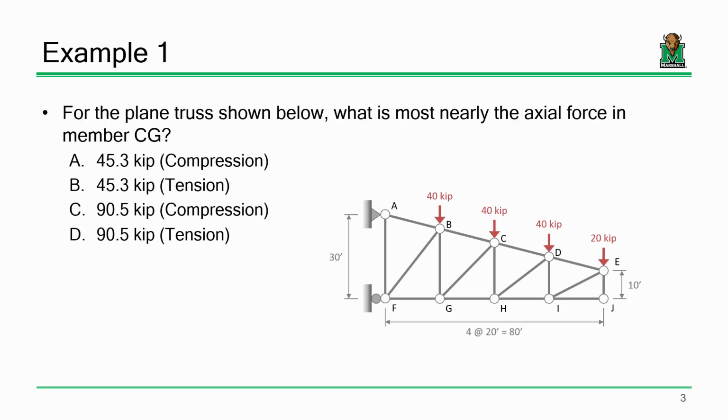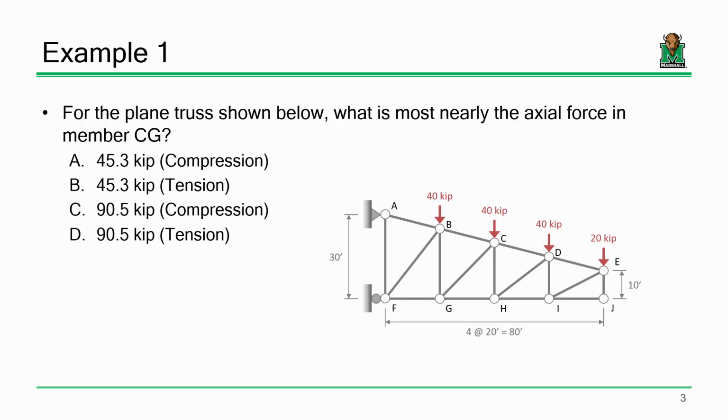One observation that might be worth making is, let's say, for instance, on this problem, instead of asking you for member CG, what if I asked you for member BC? What if I was asking you for this member right here? Okay? Now let's just think of this truss as one big structure, and I've got these downward loads right here.